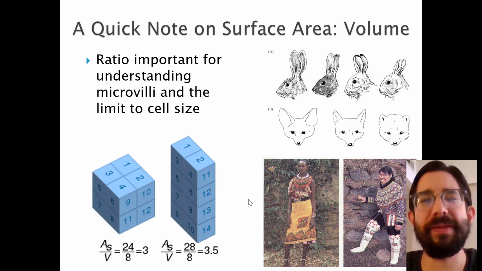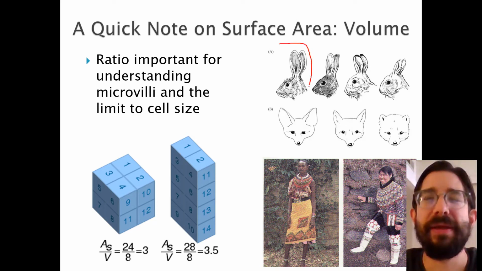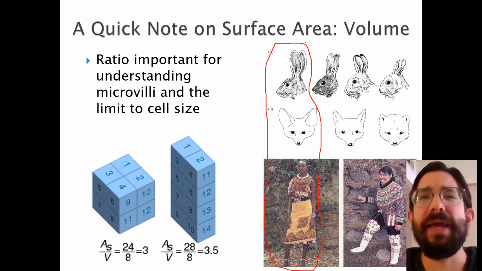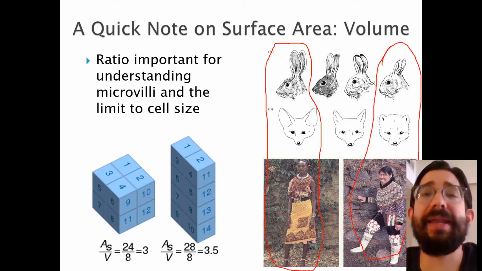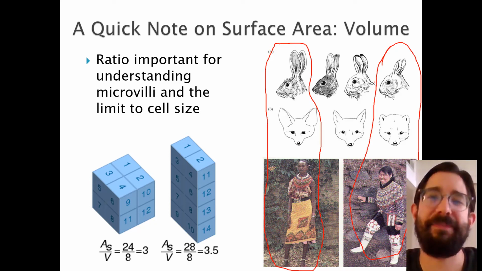Okay, so we're about to cover this important concept. So we need a little background information on surface area to volume ratios. Let's not get too complicated, but let's acknowledge that if you take a desert jackrabbit and a desert fox and someone whose ancestors are from Sudan in this case, and you compare them to an Arctic rabbit, an Arctic fox, and an Inuit person, what you'll see is that the appendages are different lengths.